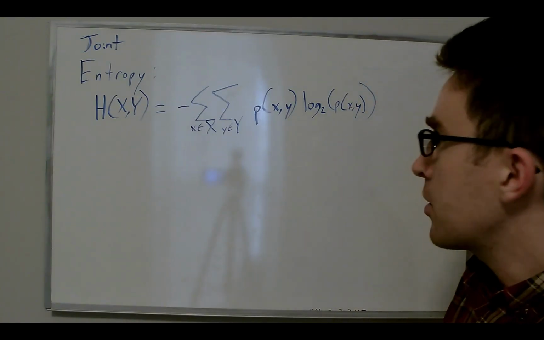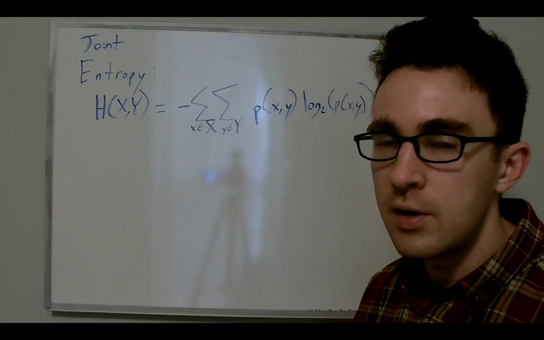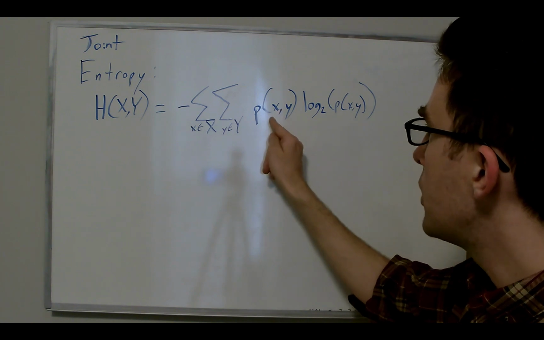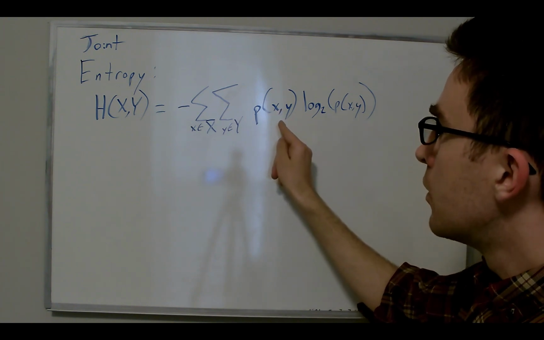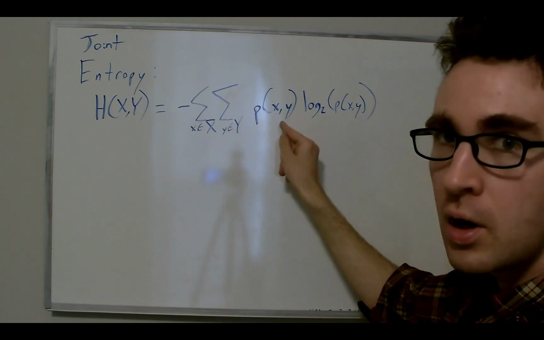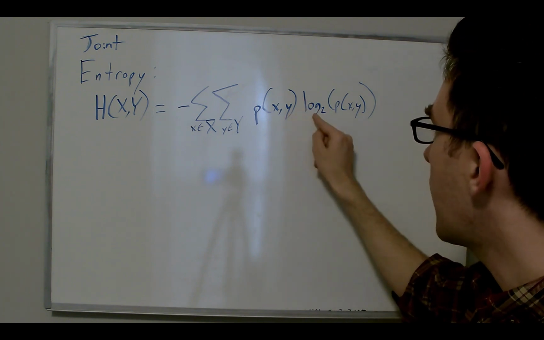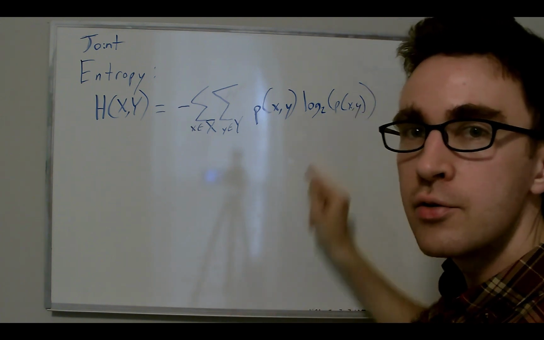The way we calculate the joint entropy is basically the same, except we do it in a pairwise manner, where we look at the probability of every possible pair of values for x and y. Take the probability of observing that pair of values times the log base 2 of the probability of that pair of values.